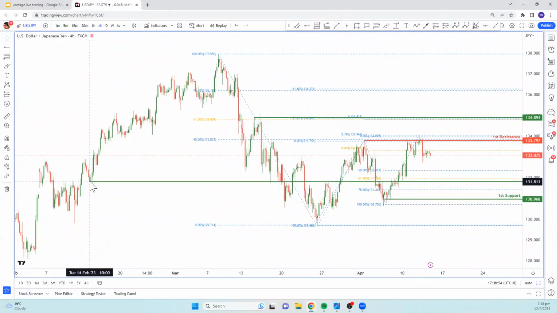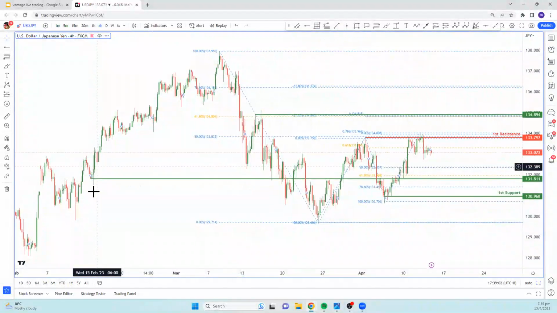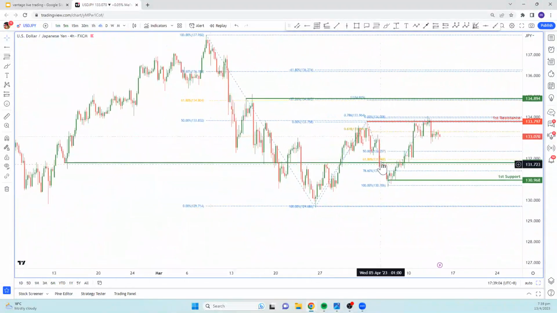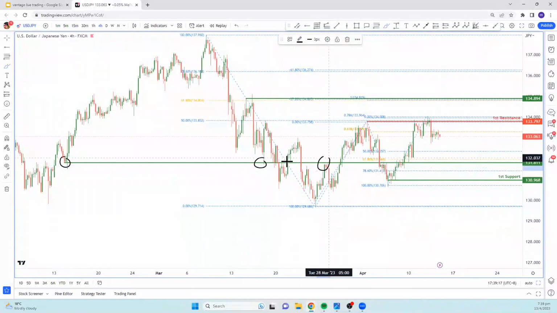Okay, so over here, my 61.8 Fibonacci retracement lines up with a swing low over here, another swing low here, and a swing high here. And I can see price has tested this level a couple of times before. So this makes it a pullback support level that I can take note of as a potential support.